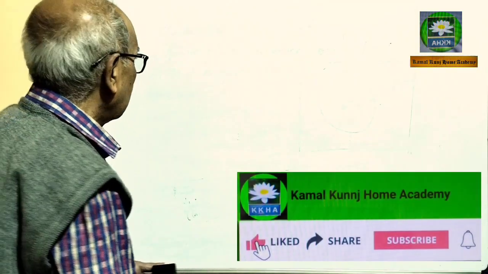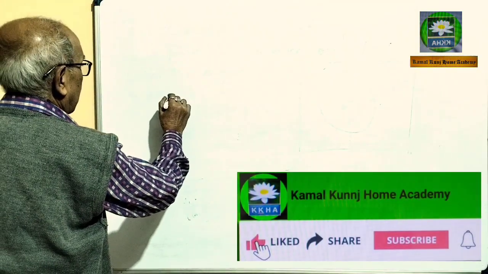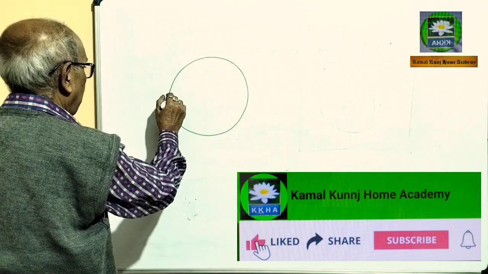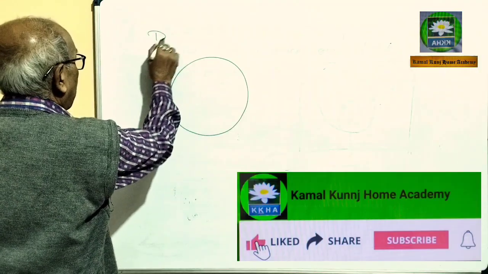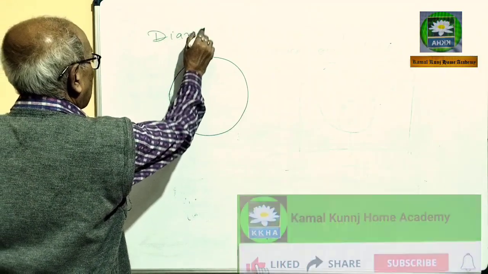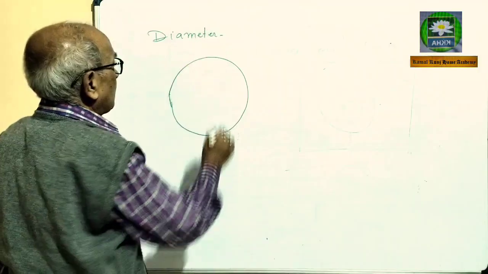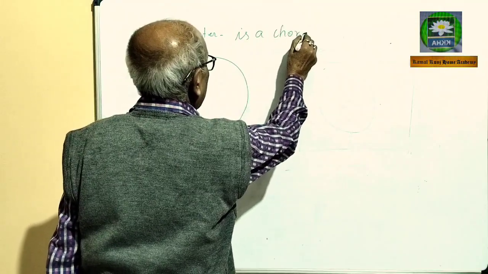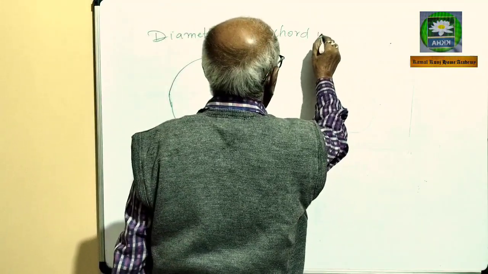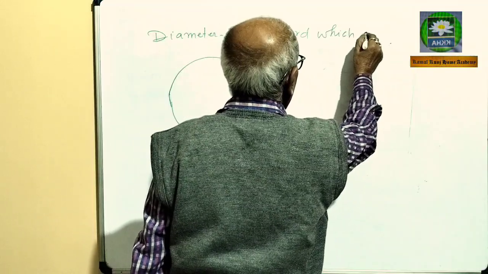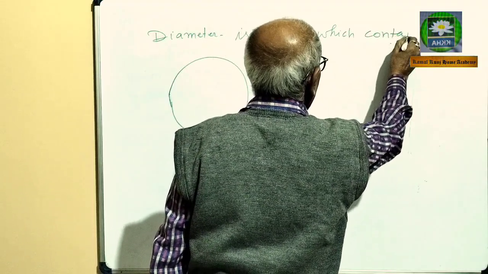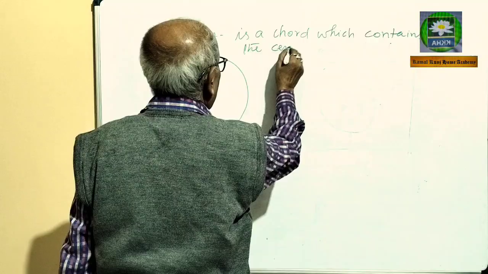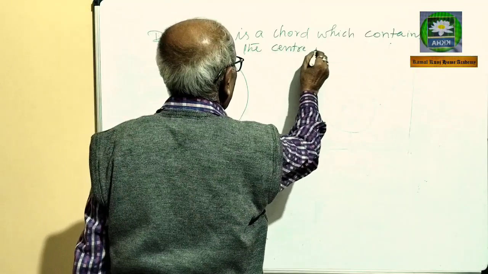And what is the diameter of the circle? The diameter is a chord which contains the center of the circle.